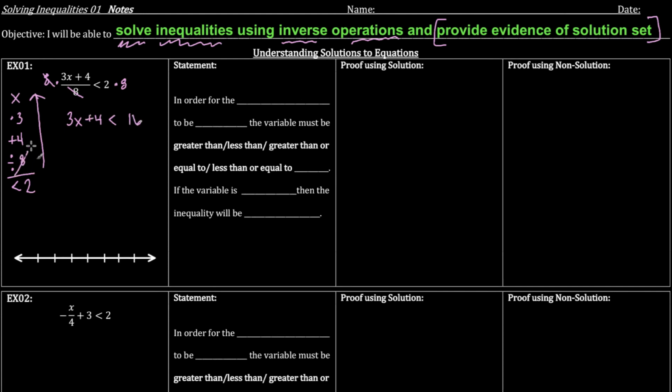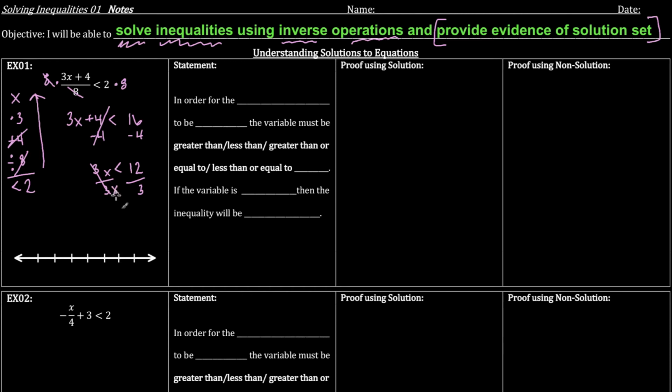Now, instead of adding 4, we subtract 4. 3x is less than 12 because 16 minus 4 is 12. Lastly, we divide by 3, so we can get 1x. Now, one mistake I see people make is they put the 3 also.